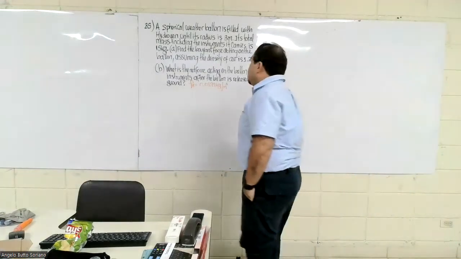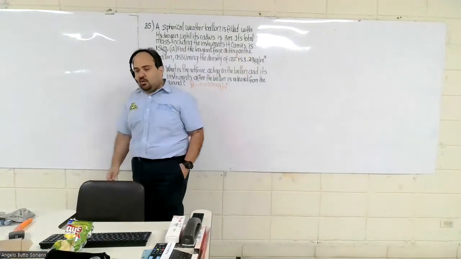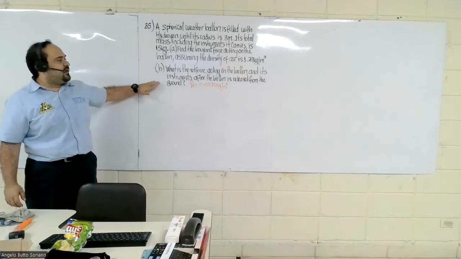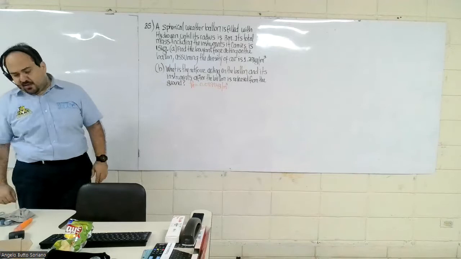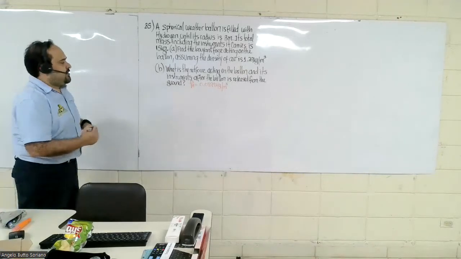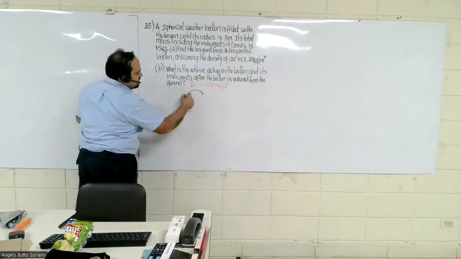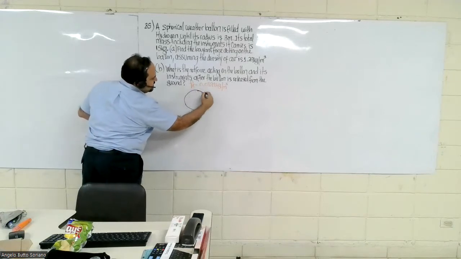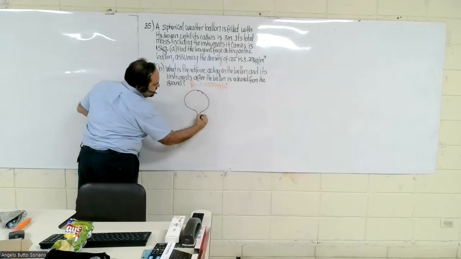So what is the first thing that we must do? Always, always, always, because we're going to solve letter A, and after that letter B, the first thing that we have to do is create a picture of the problem. Remember, this is a spherical balloon.